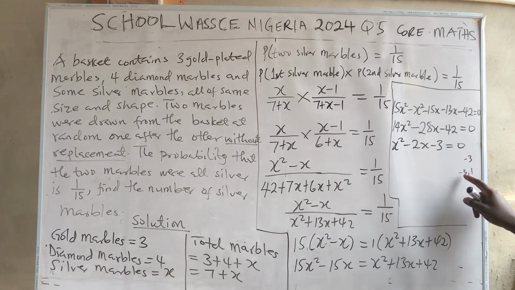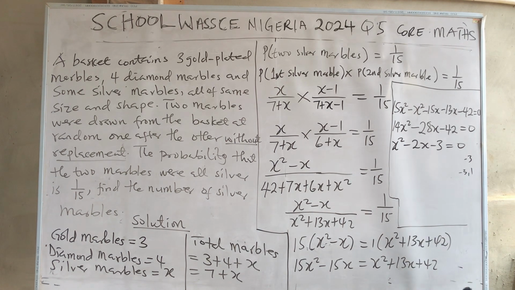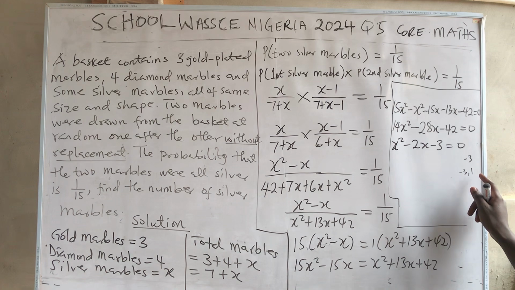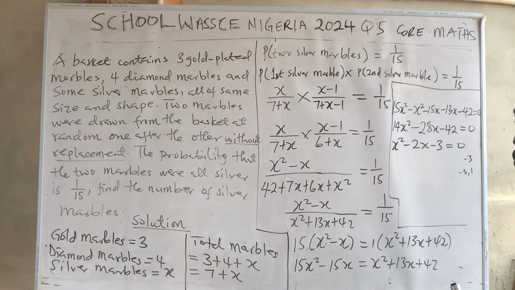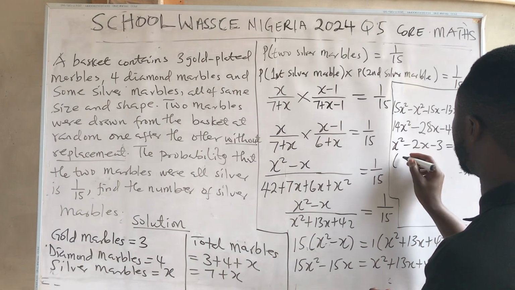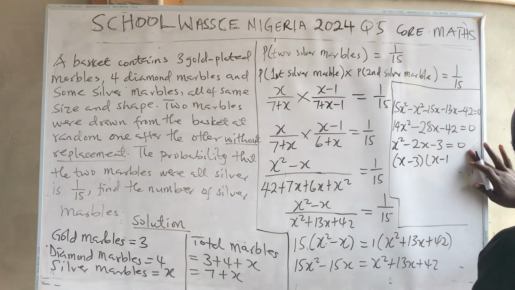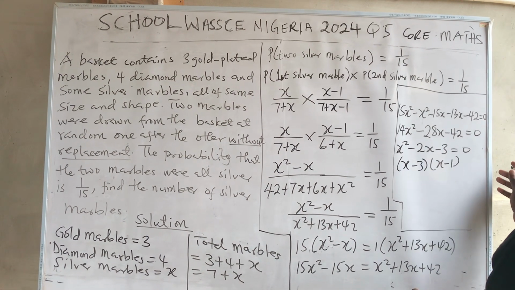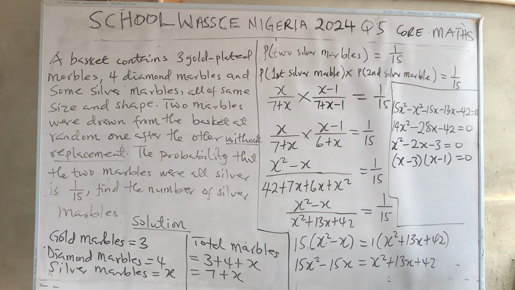So negative 3 times 1 will give us negative 3. Negative 3 plus 1 will also give us negative 2. So we will have our brackets s minus 3 and then s plus 1 to be equal to 0.